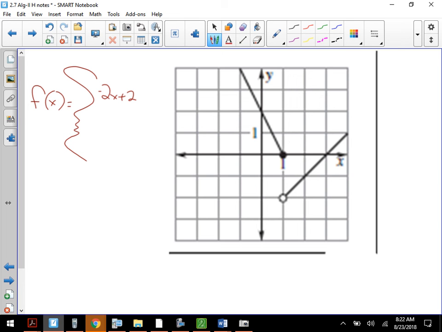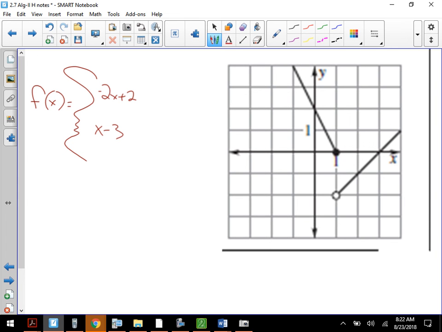So the other one would be x minus 3. Where did the domain switch? At 1. So the graph on the left is for when x is less than or equal to 1, and then on the right, it's x is greater than 1. Pretty simple, isn't it?